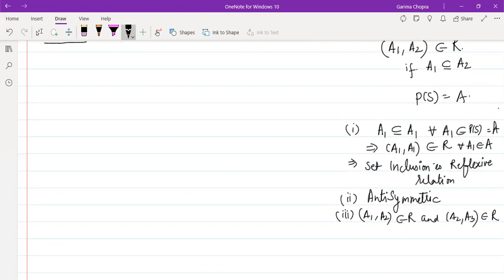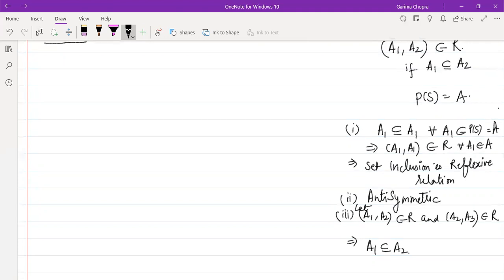Now, if ordered pair A1, A2 belongs to the relation set, this implies that A1 is a subset of A2 by the definition of our relation.